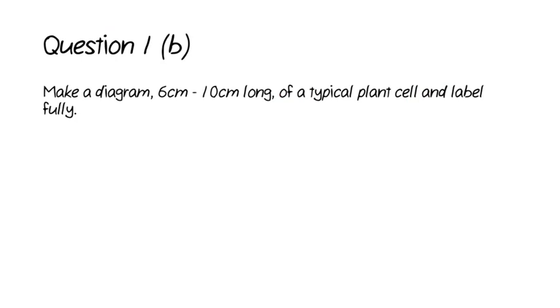This is question 1B from the WASSCE 2016 essay paper. The question reads, make a diagram 6 cm to 10 cm long. This is something that you should take note of. You are going to be marked for the size of your diagram.